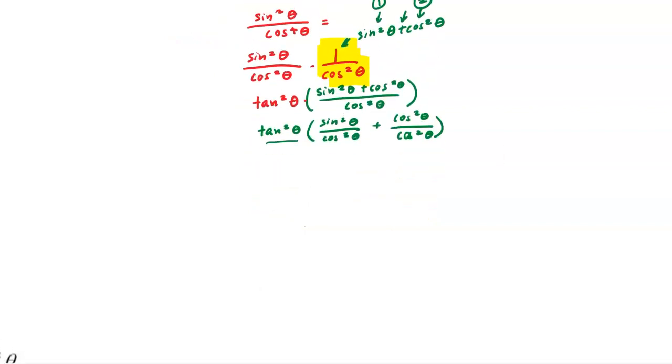So tangent squared theta times, that is going to be another tangent squared theta plus 1, and then I'm going to distribute, so I get tangent to the fourth theta plus tangent squared theta. And now my left-hand side equals my right-hand side. So I have verified that.